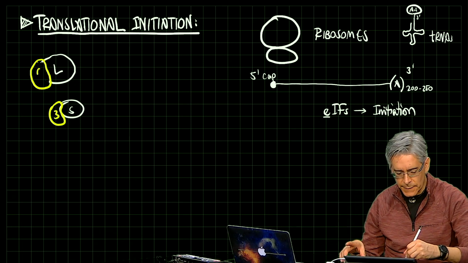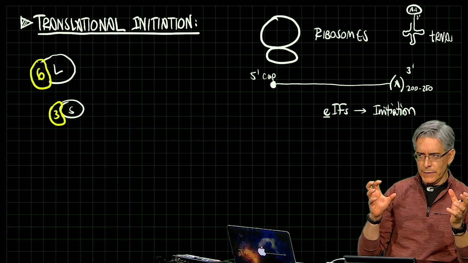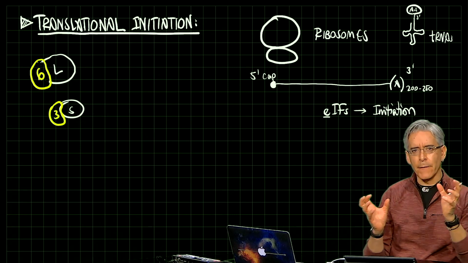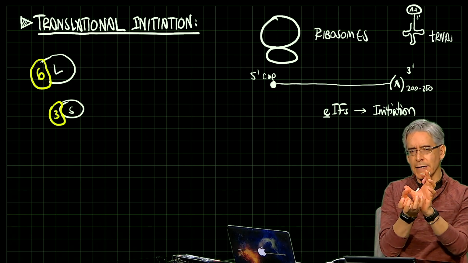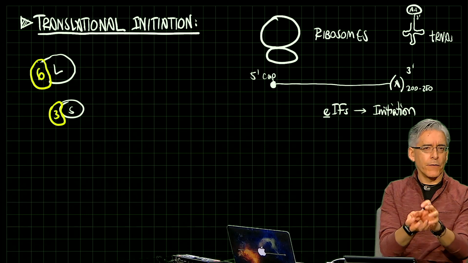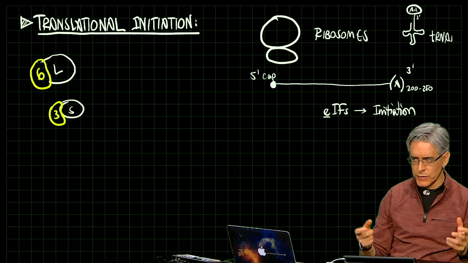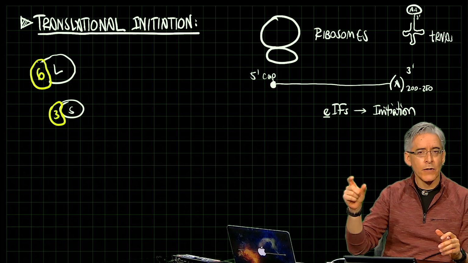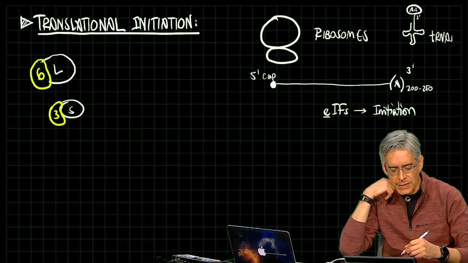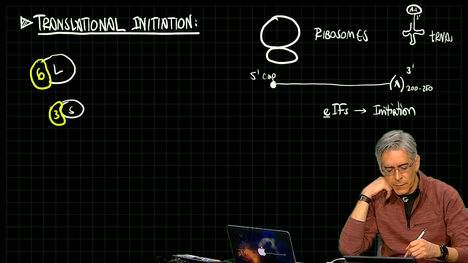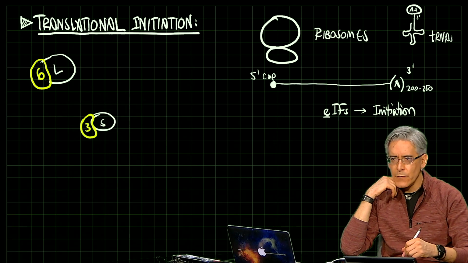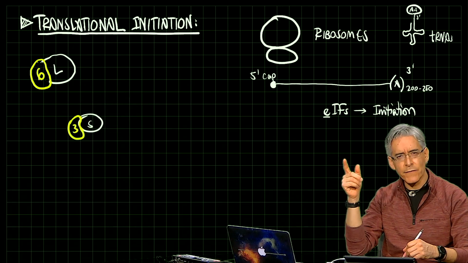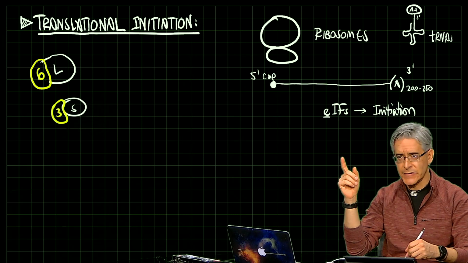Factor 6, remember, will keep the large ribosomal subunit from ever collapsing again with the small ribosomal subunit before it is the appropriate time to do so. And that's something that will be very tightly regulated later on during translation. So, all right, now we have our small ribosomal subunit freely working in the cytosol. All of these are cytosolic events, keep that in mind.